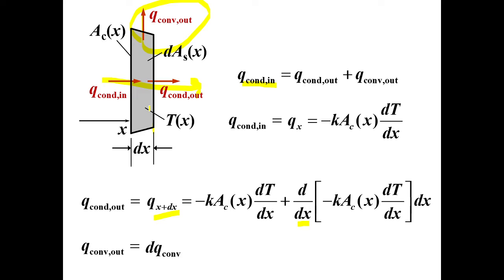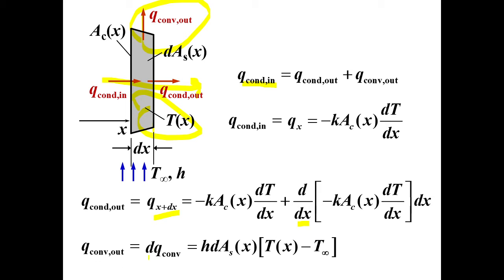Here the temperature is Tx, and here is T infinite, and we will discuss h dA (Tx minus T infinite). So h dA (Tx minus T infinite), because we have already covered in previous slides that the formula of Q convection is h A dT.